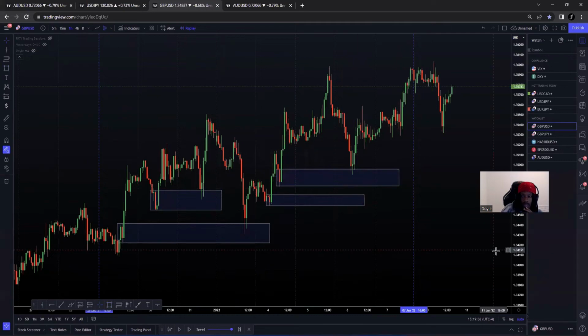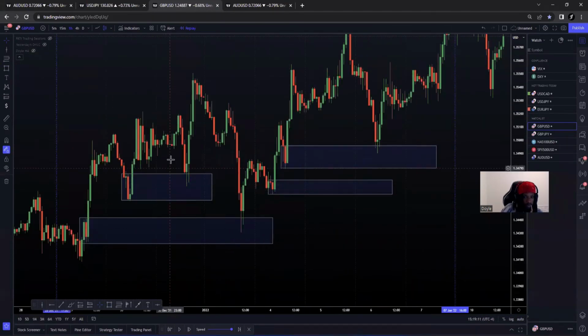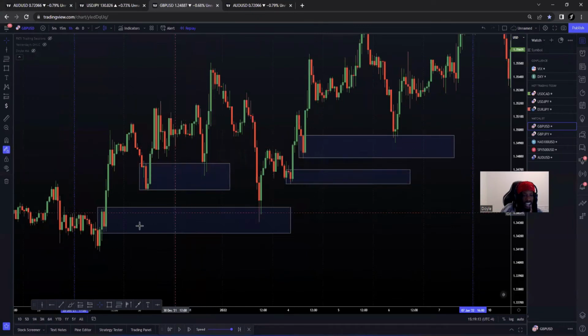Now, if I'm looking at this one right here, it had a demand at the bottom, but they both won. You feel what I'm saying? So don't be afraid to take setups like this.